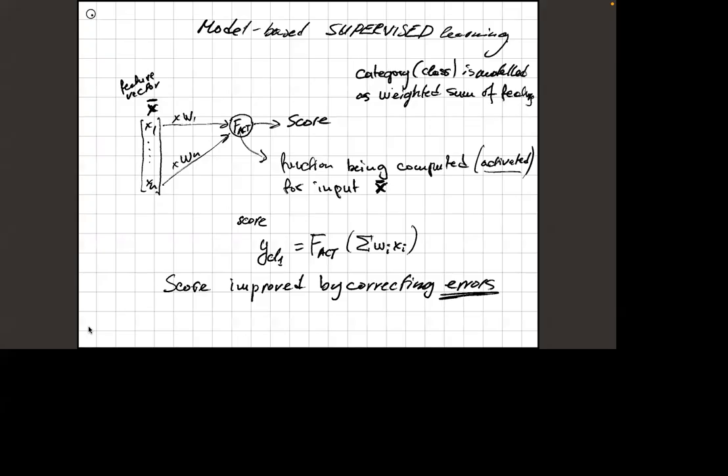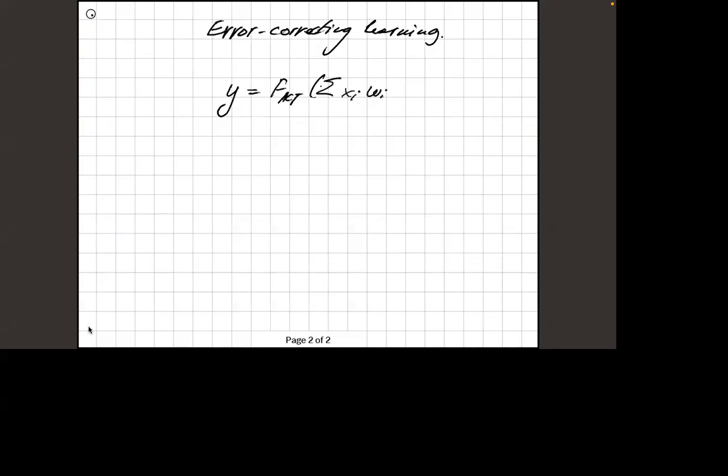So to implement error correcting learning, you have your score function, which is act of xi.